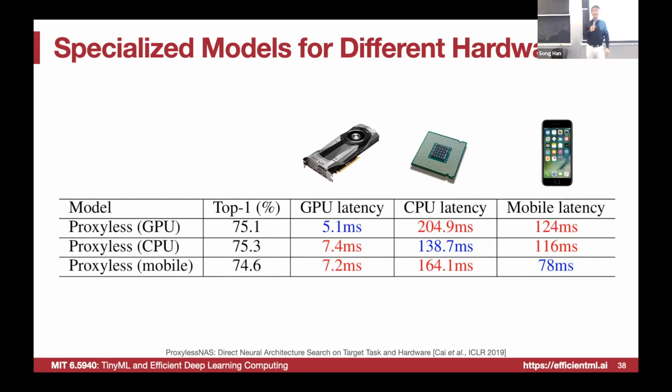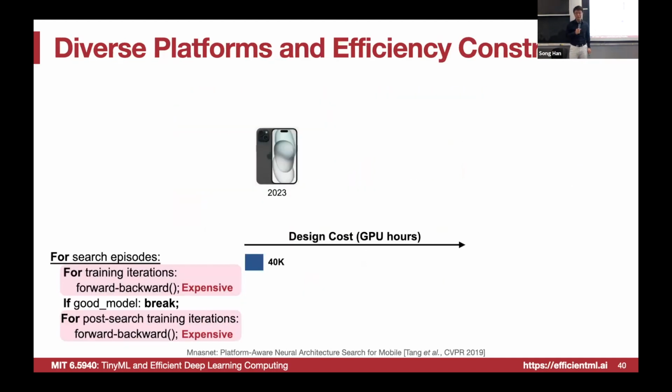Resume our discussion for multiple hardware platforms. Assume we just have one device, like a brand new iPhone. If you are doing the conventional search methods, we want to search a couple of episodes, and each episode we want to train a model for several iterations to do the forward and backward and get accuracy.